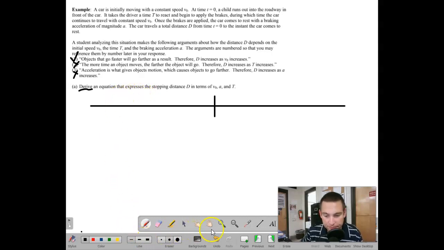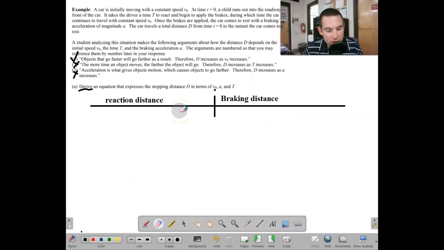How far do we travel during that time? That is what we are going to call the reaction distance. Then we have the distance that we travel while we're braking. The question is asking for the stopping distance, which is going to be the reaction distance plus the braking distance together. So if we find the reaction distance, then we can add it to the braking distance. And that's what we're going to do here.